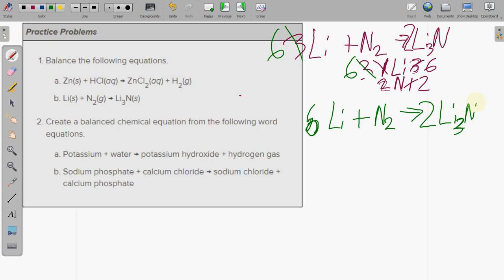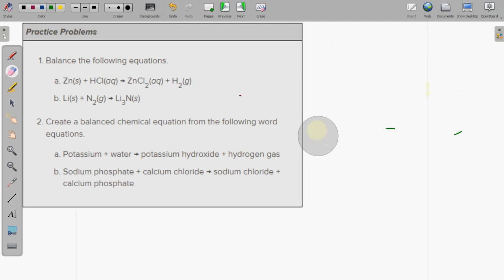So now we've got to look at the other 2 there. All right, and so we have to think back to some previous chapters, and we have to write the formulas and then balance the equation.